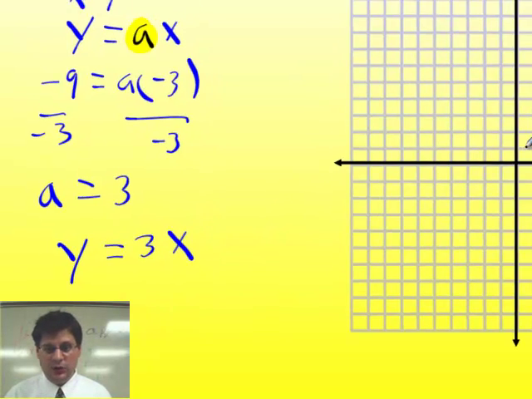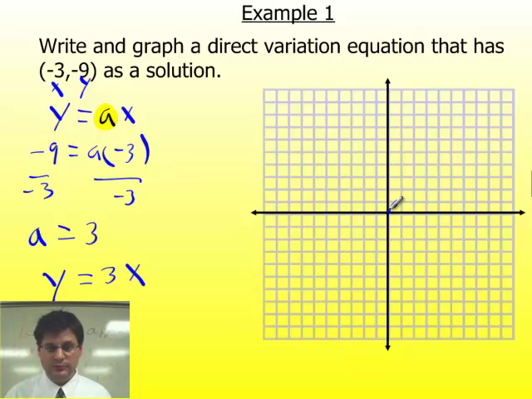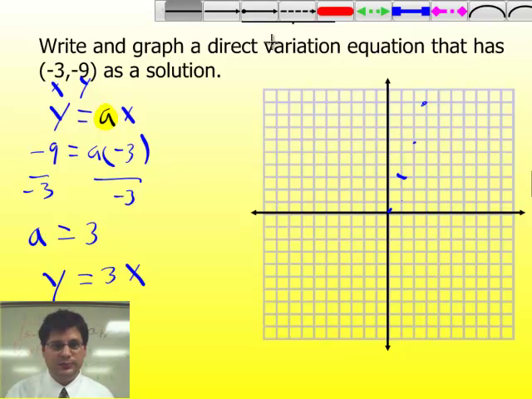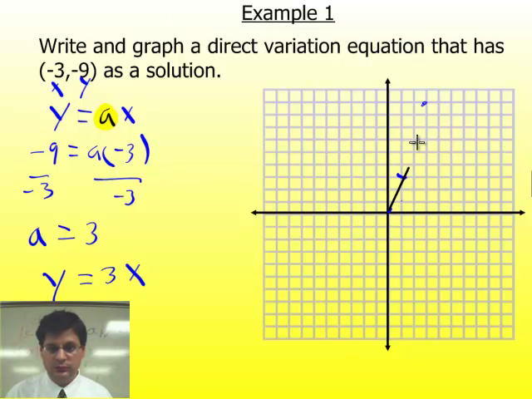That graph would go through the origin, and then we would go up 3 over 1, up 3 over 1, and up 3 over 1. Connect those points. Let's see how well I do. That way and that way.